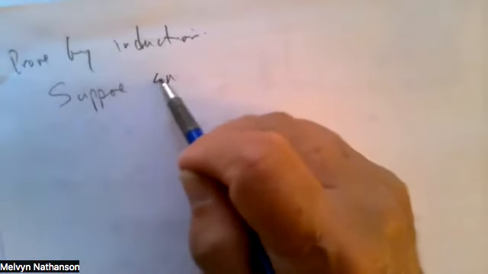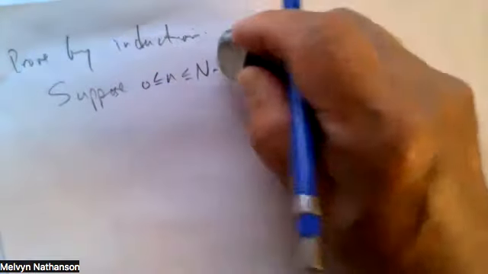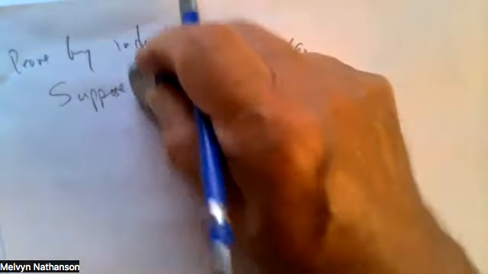Suppose n is between 1 and capital N, and the continued fraction a0, a1 up to a sub n minus 1 is equal to pn minus 1 over qn minus 1.